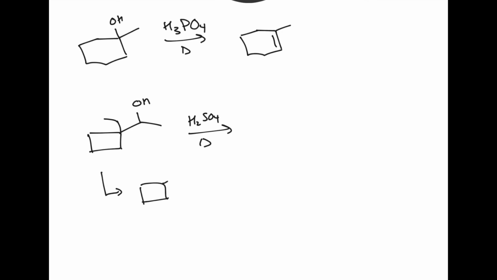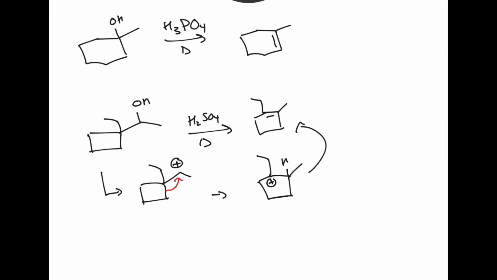Right, so you could make the carbocation, then do a ring expansion, then do your elimination and get your double bond. So there's always a chance of doing a rearrangement with these since you're going through a carbocation.